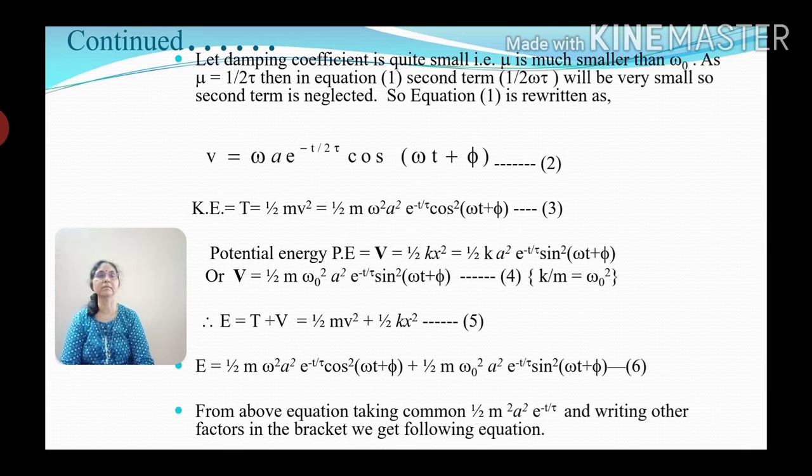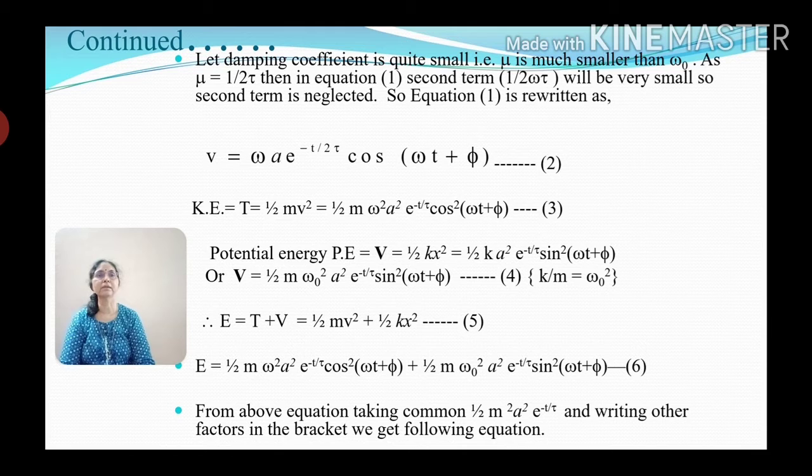That is equation number 2. Now the kinetic energy we write as half m v square, which is equal to half m omega square a square e raised to minus t upon tau cos square(omega t plus phi). Here, e raised to minus t upon tau is the square of e raised to minus t upon twice tau.